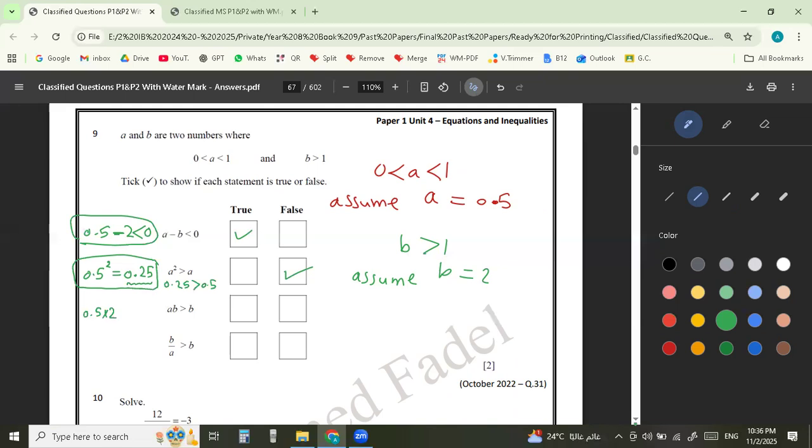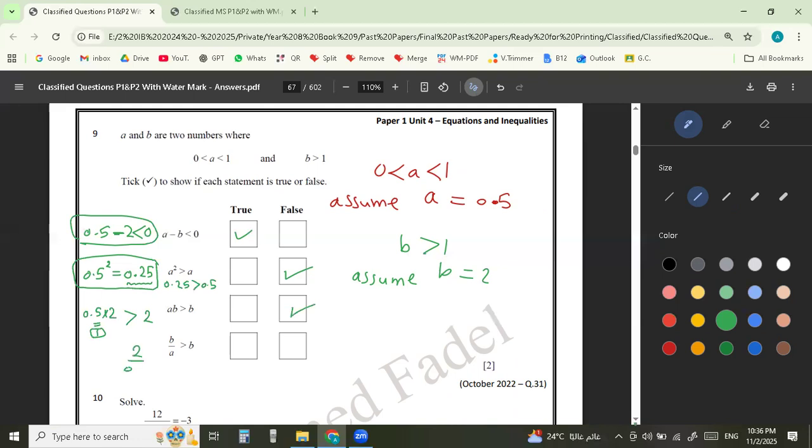Equals 1. Good. Is it greater than B, which is 2? We said B is 2. Is 1 greater than 2? No, mister, false.